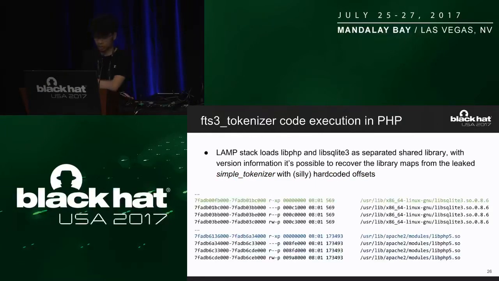There are more details in exploiting the bug, because libphp and libsqlite3 are not the same shared library. You might need to reconstruct the same environment as the remote server. You can use the leaked information from phpinfo, build the same environment, and test your exploit.